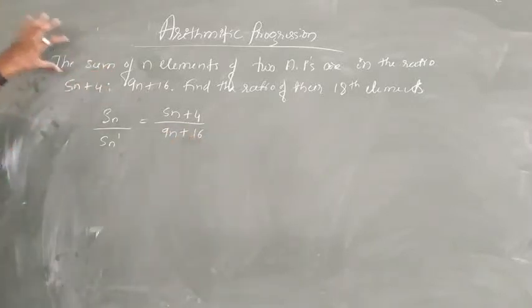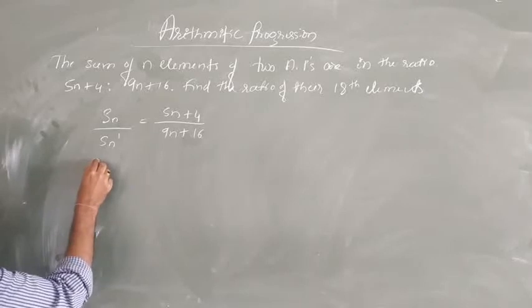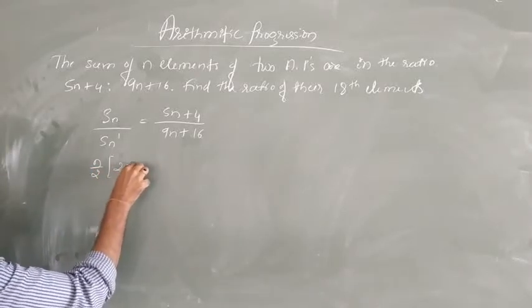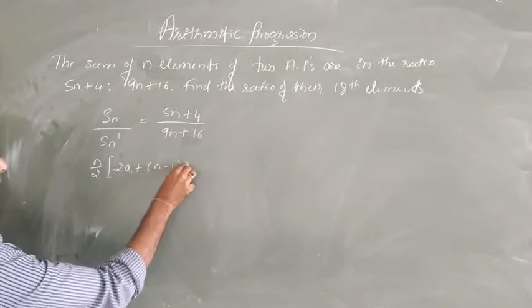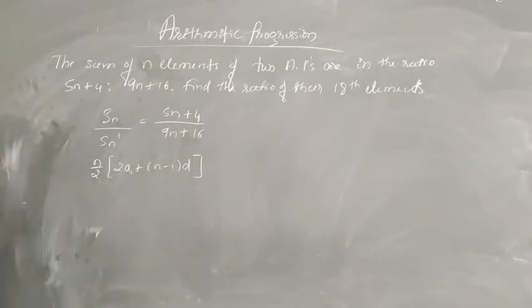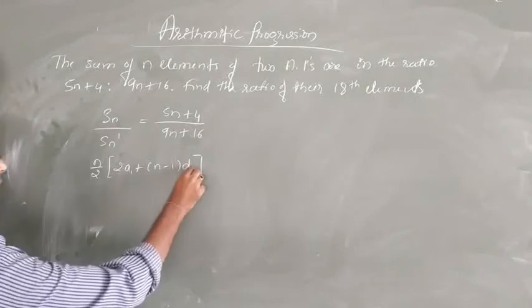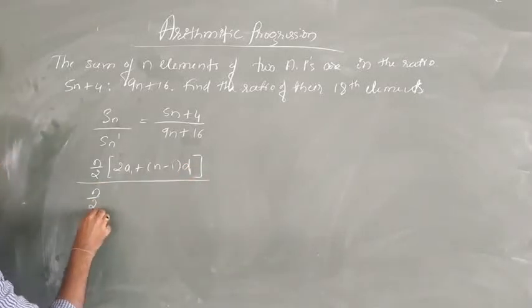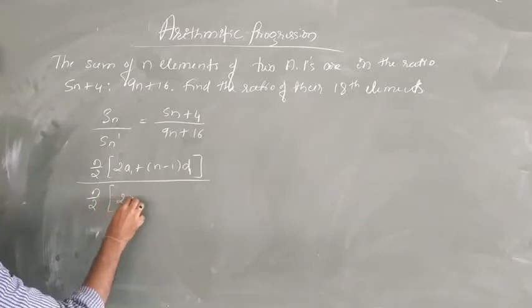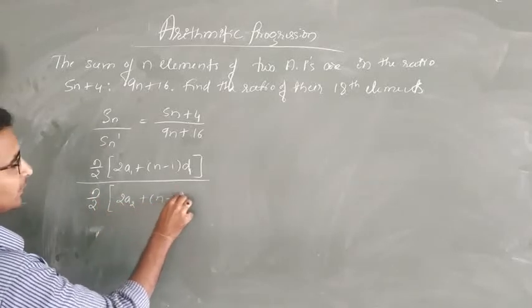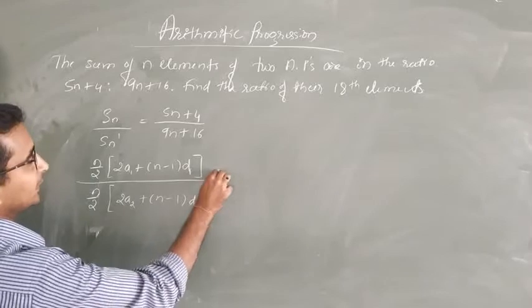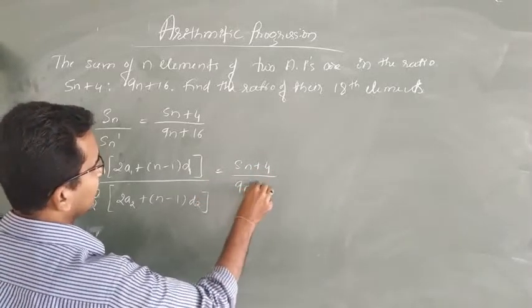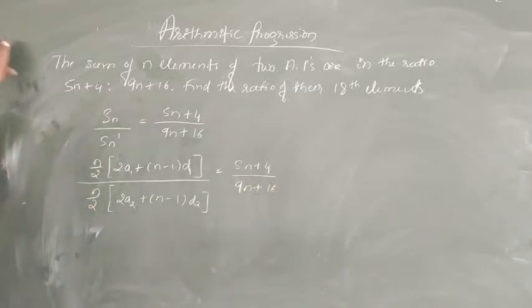So what is Sn? Sn is n by 2 into (2a1 plus (n minus 1) into d1). Then the other one is n by 2 again into (2a2 plus (n minus 1) into d2), and that is 5n plus 4 divided by 9n plus 16, as they have given.